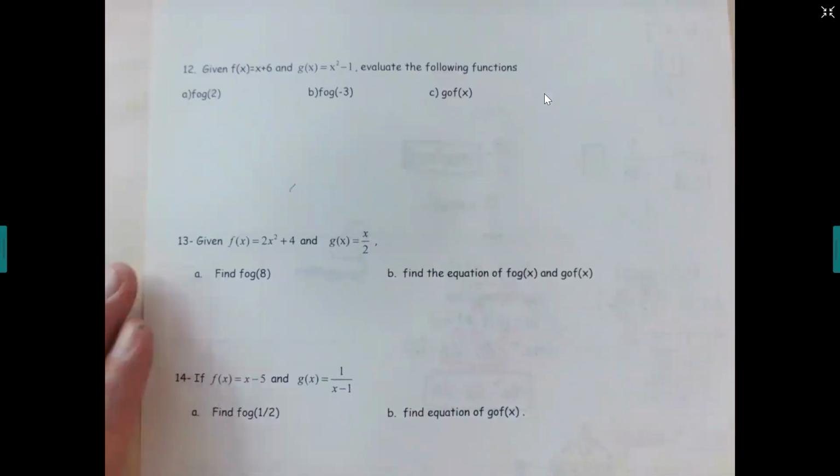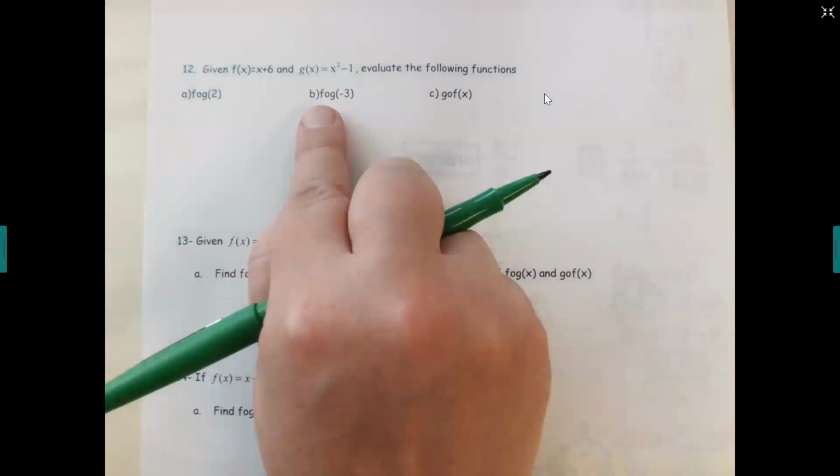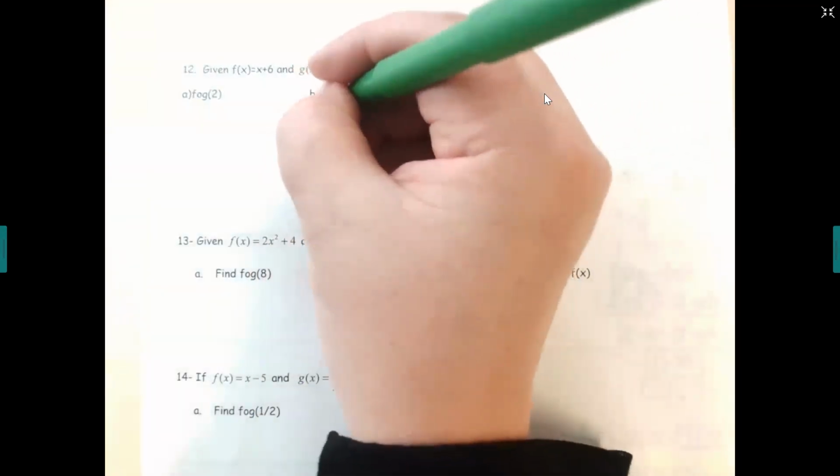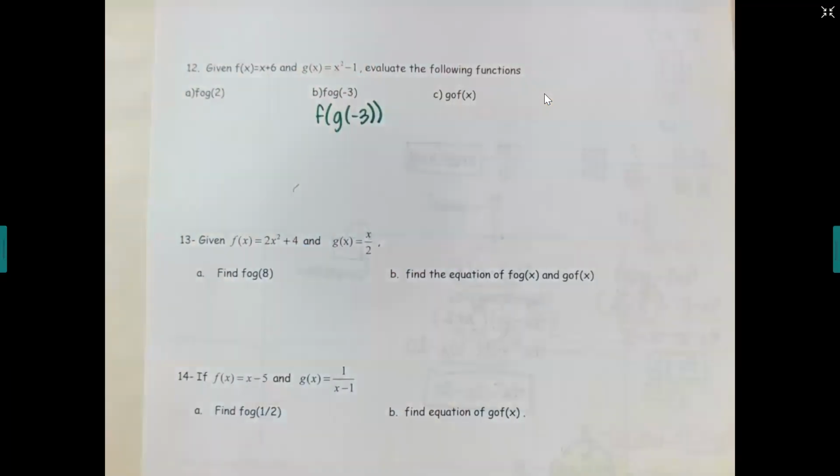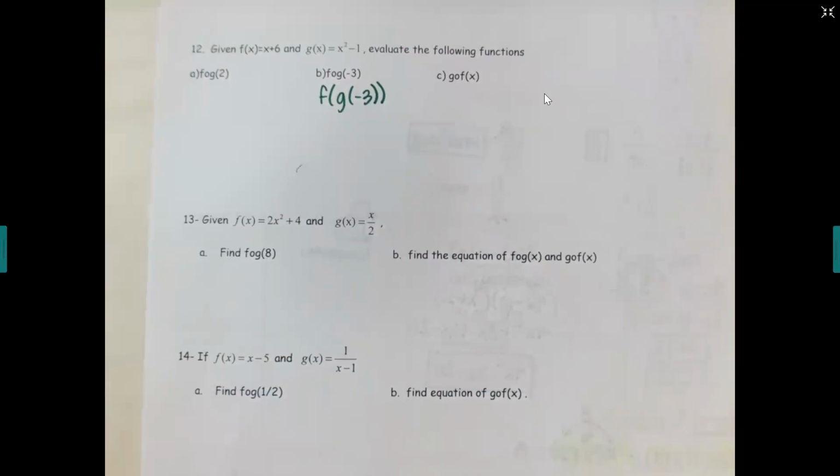Okay, the first two you're plugging in numbers. Let's do letter B because we haven't done one of these yet off the front. So it's F composition G of negative 3. That means F of G of negative 3. Where do I plug the negative 3 into first? Formula F or formula G? The letter that's closer is the G. So take a second, use your calculator if you want to.